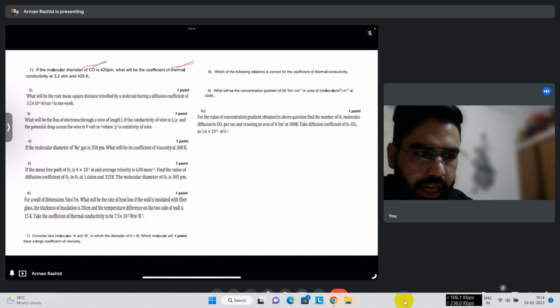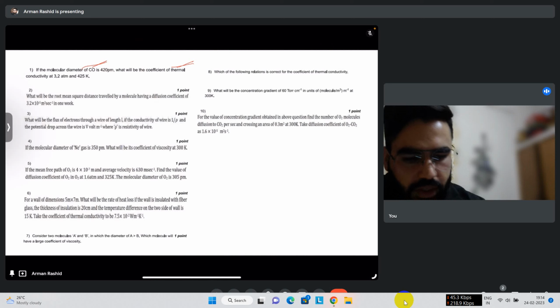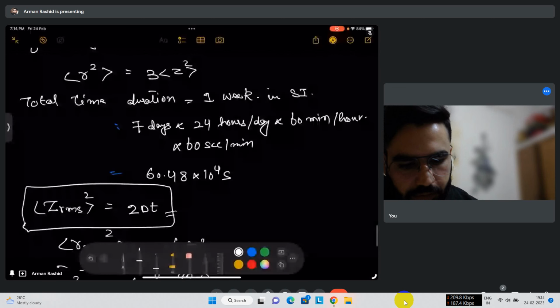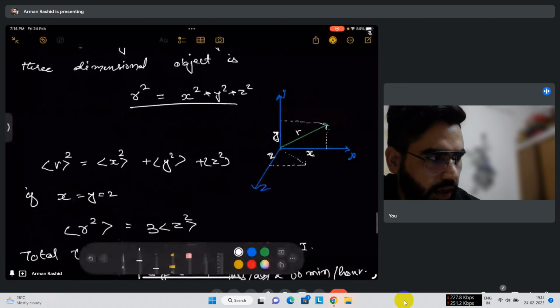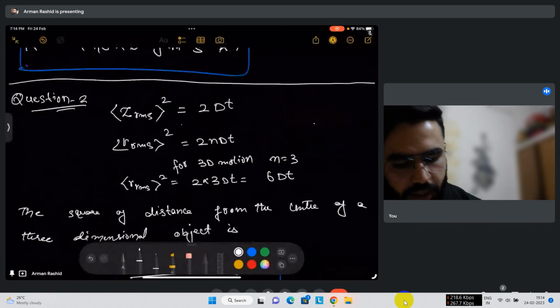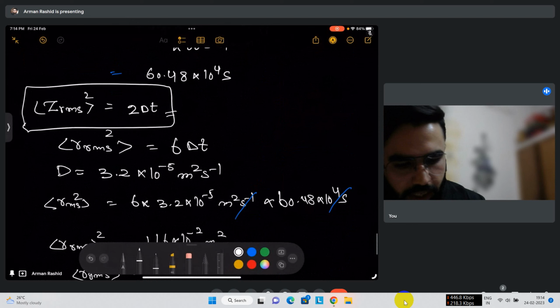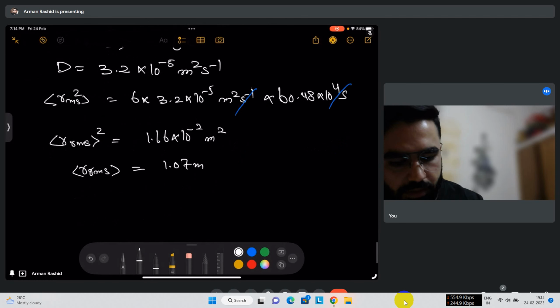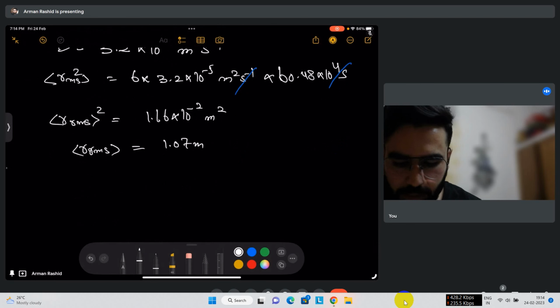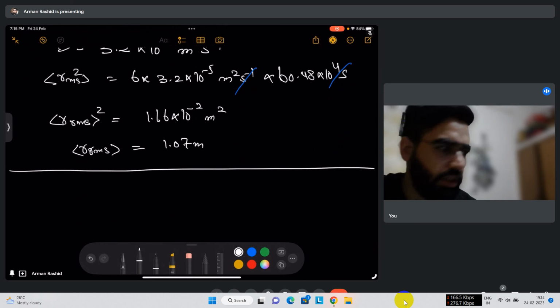We had D and we had t, so we know this equation. Using this equation, and the time in SI units, we have determined the root mean square distance. Okay.